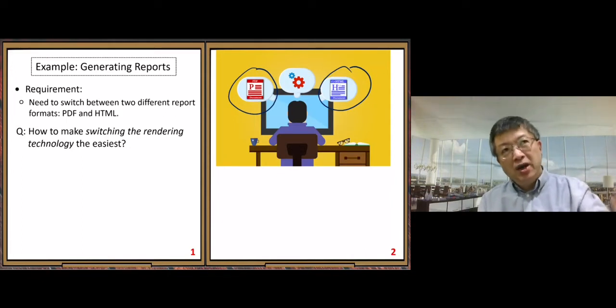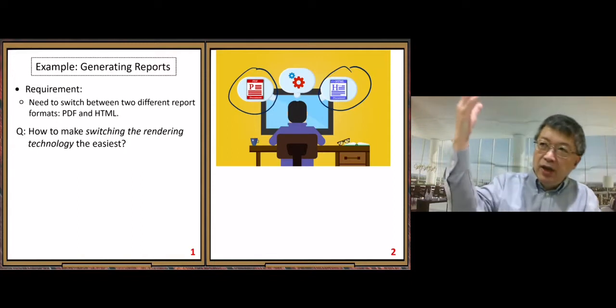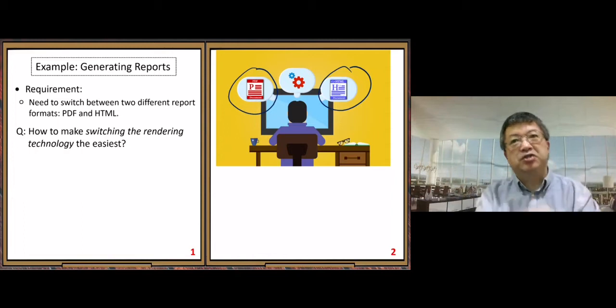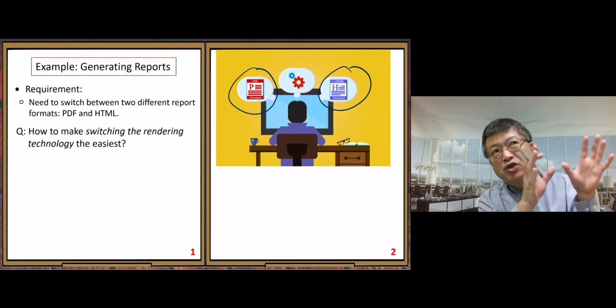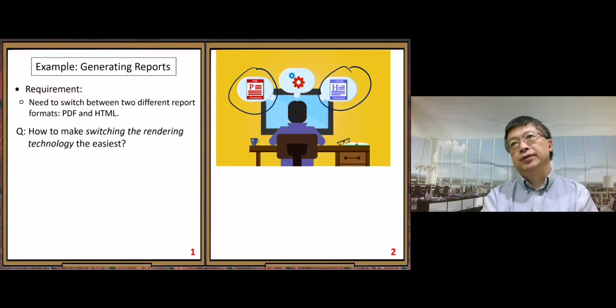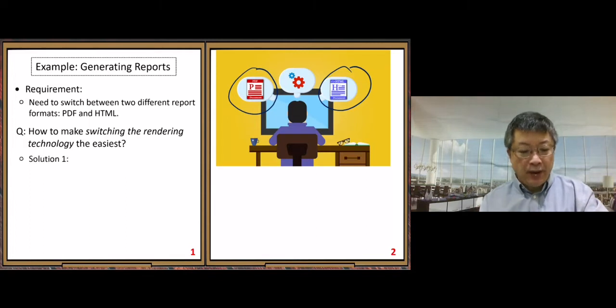We treat PDF and HTML formats as two different rendering technologies, because for each format you need to use a special way to render it. So, special rendering technology.